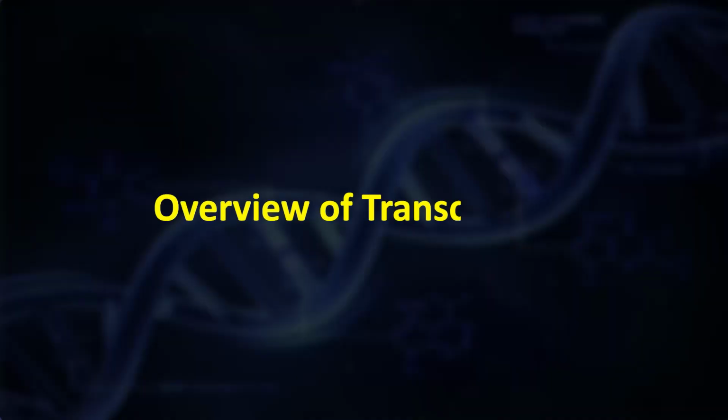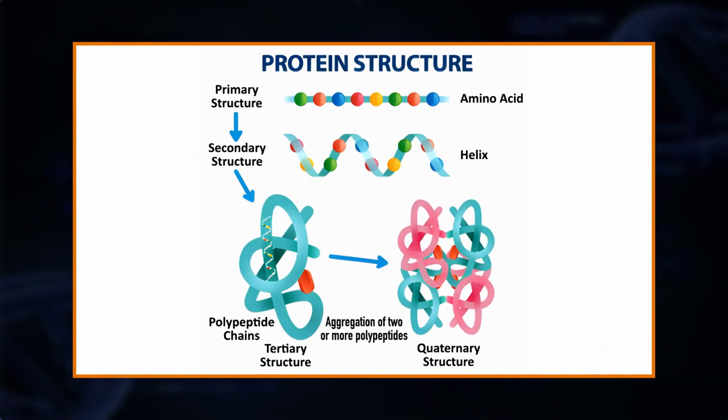First, we will have an overview of transcription. Transcription is the first step in gene expression, in which information from one gene is used to construct a functional product such as a protein, which may be a structural one or an enzyme. The goal of transcription is to make an RNA copy of a gene's DNA sequence.